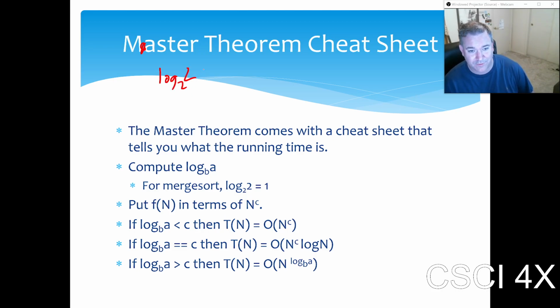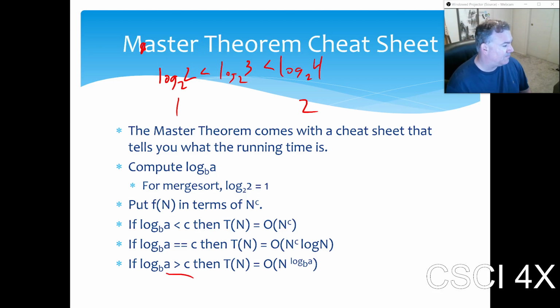So log base 2 of 2, log base 2 of 3, log base 2 of 4. Right? This is 1. This is 2. So the log base 2 of 3 is somewhere going to be between 1 and 2. So it's actually bigger than C. Still. Okay.